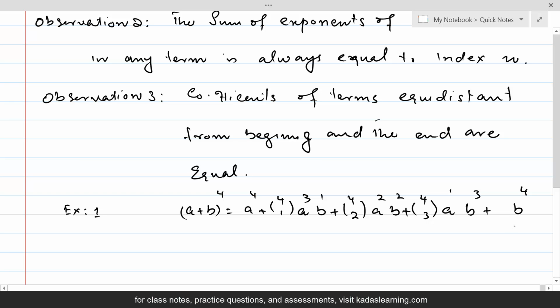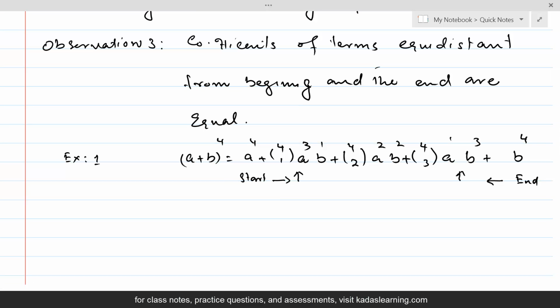Now let's say this is the end and this is the start. This term is 1 unit away from the start, and this term is 1 unit away from the end, so the distance from the end is 1, and here the distance from the start is 1. What is the coefficient of this term?